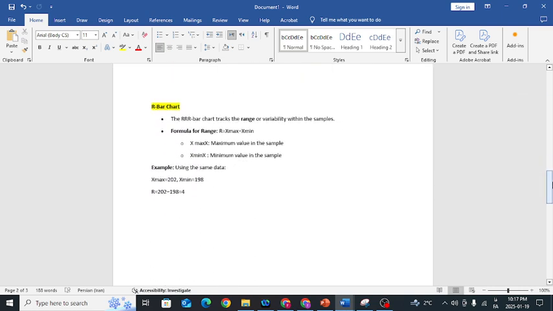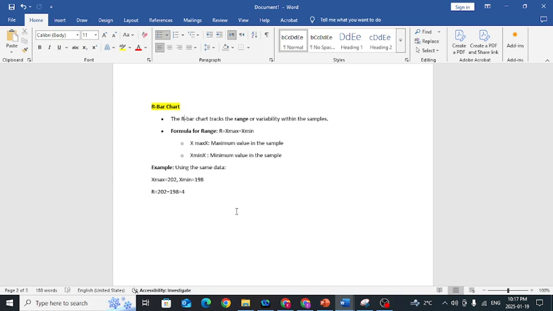So the next one is the R-bar chart. The R-bar chart tracks the range, or variability, within the samples.